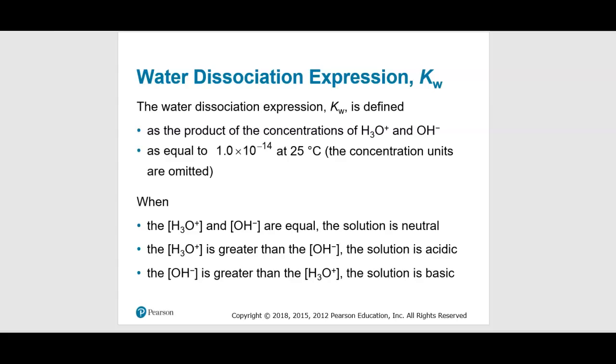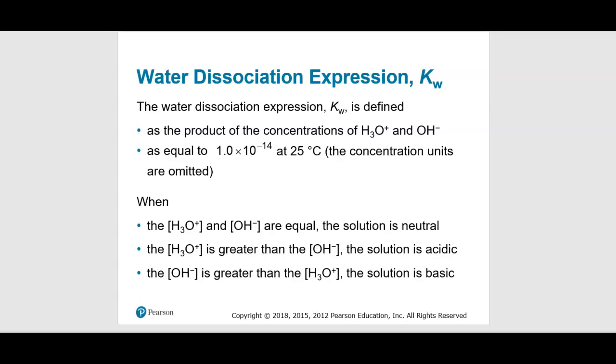And as I said, it's always going to be 1 times 10 to the minus 14th. I'll go back to this: 1.0 times 10 to the minus 14th is defined as K sub W. I think that would be a little more accurate, but all the same.